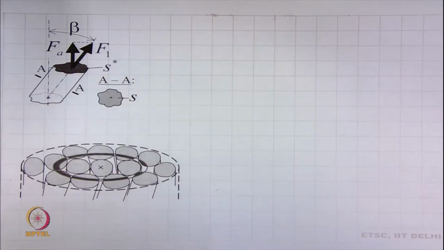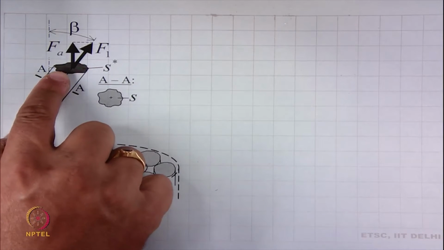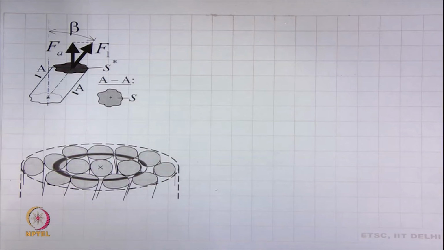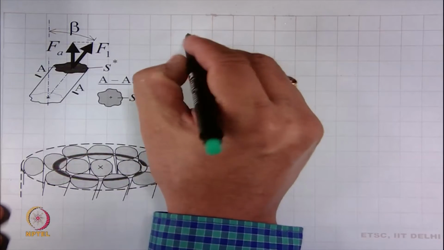The cross sectional area of the fiber is small s. As a result, the sectional area is S star. So, let us write what is what here.